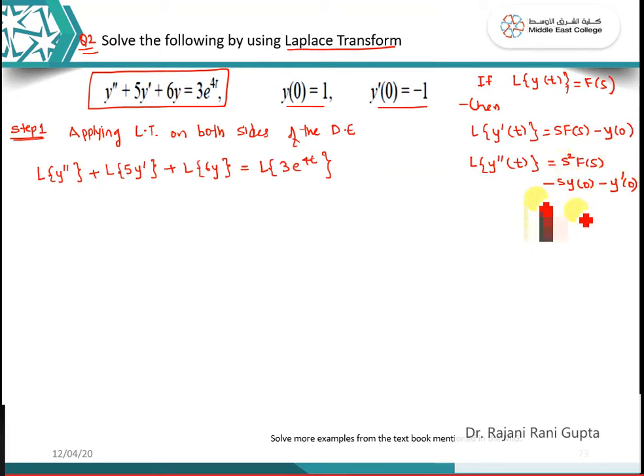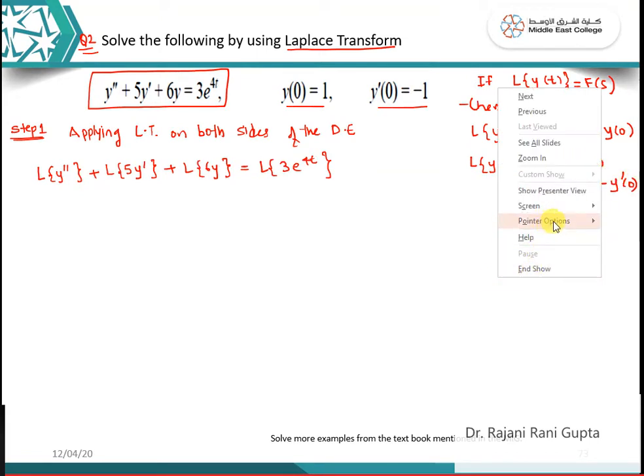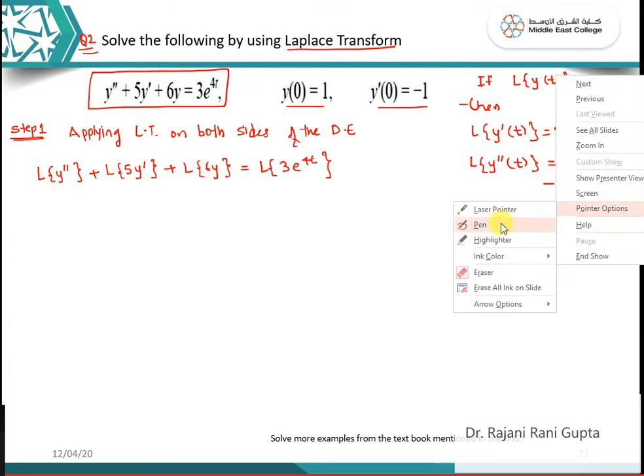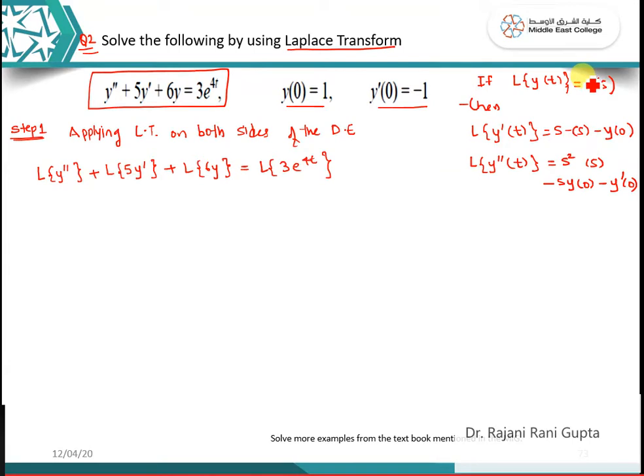Here it's okay, you can use F of s or X of s. If you want, we can make use of capital Y, not a problem. So let's use it. Capital Y of s.